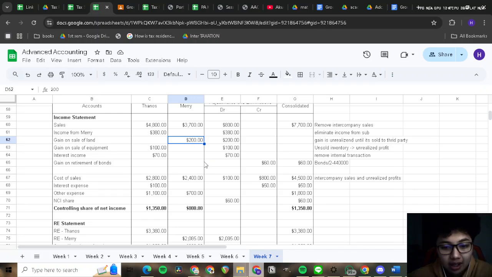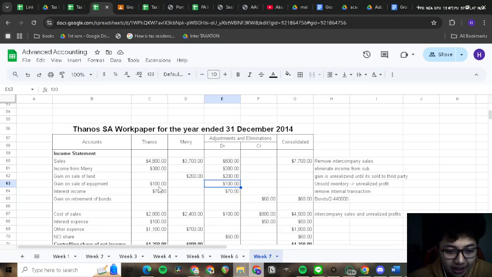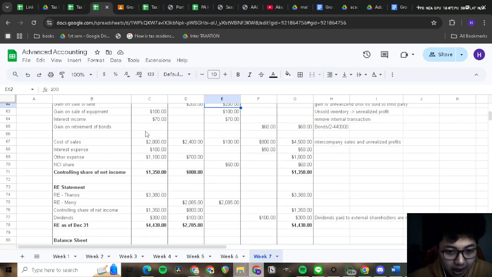But the difference in equipment is that it can depreciate back. So if I deleted 100 here, the 100 will go back as time goes by, usually per year. But what I'm doing here is basically the same thing, eliminating those two accounts. I also adjust the interest income as it's part of the internal transaction as well.